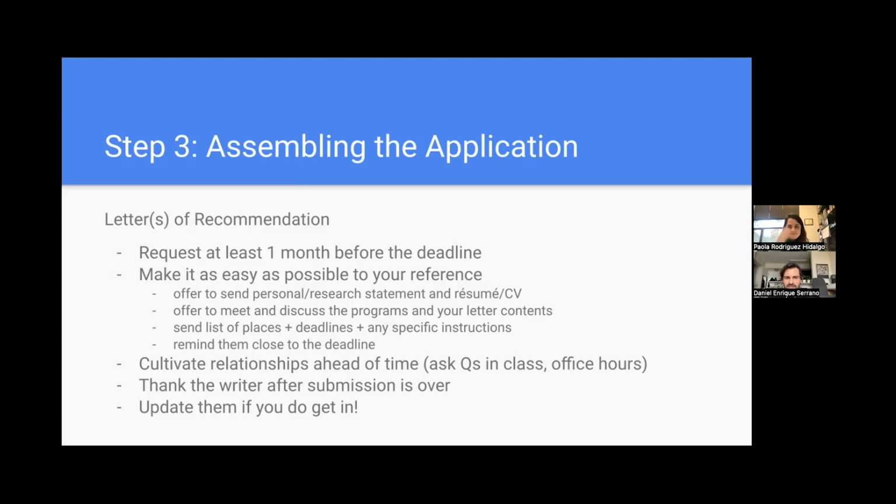Make it as easy as you can for the reference, and some ways to do that would be to offer to send them your personal research statement or your resume and CV so that they have all the information. You can offer, although this is just an offer in case they want to take it, to meet and have a discussion about all the programs you're applying to and give them an idea of what you would want to see in that letter.